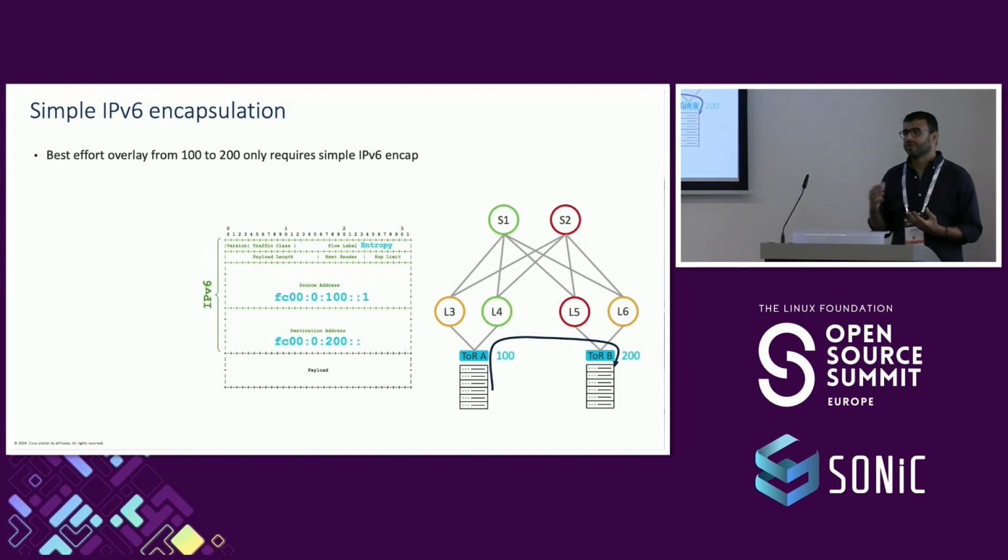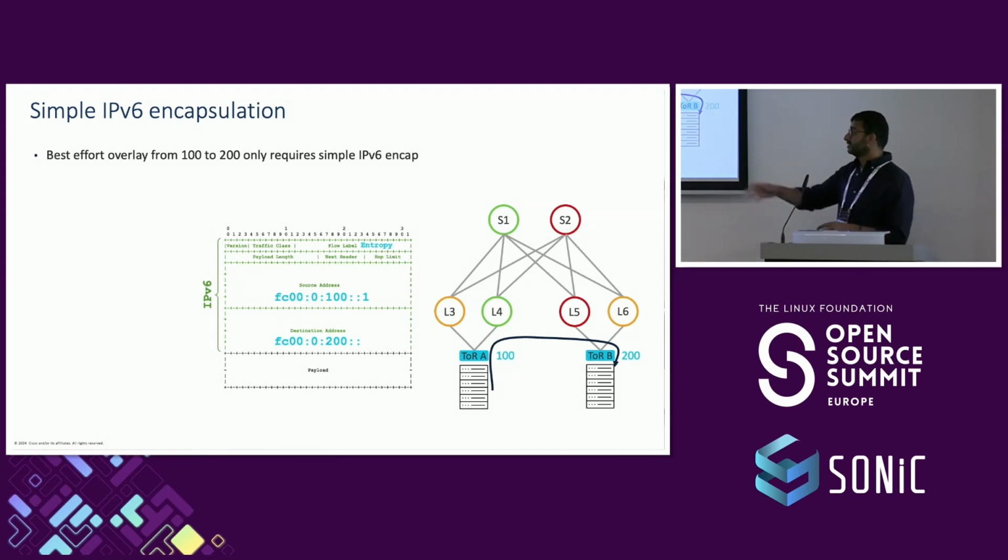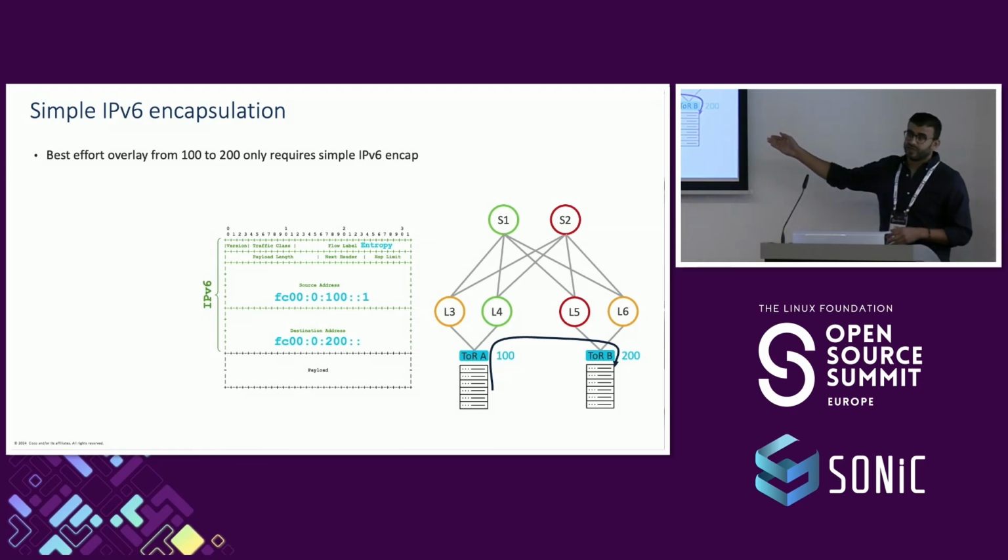As I said before, at the ingress, which here is your top of rack, in some cases it can actually be the host itself, I'm going to encapsulate the packet with just an IPv6 encapsulation. And in the destination address of this IPv6, we have the SRv6 block that we talked about, and we have the identifier for the top of rack 200.